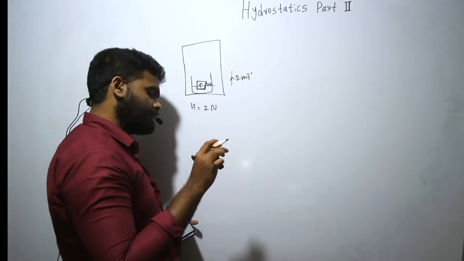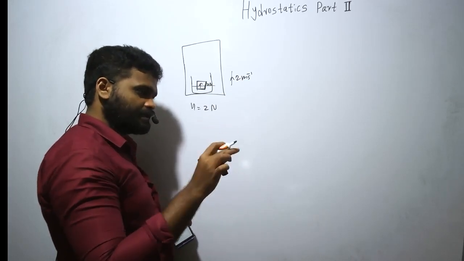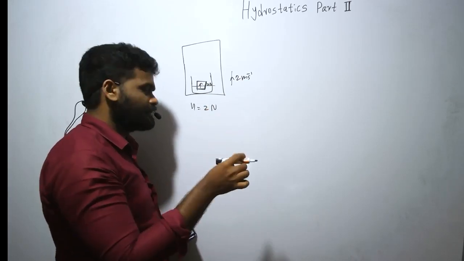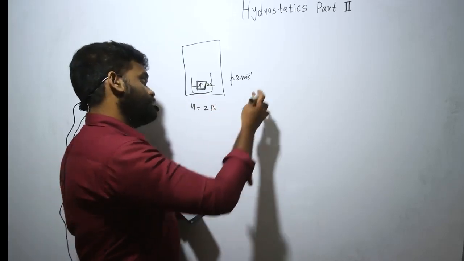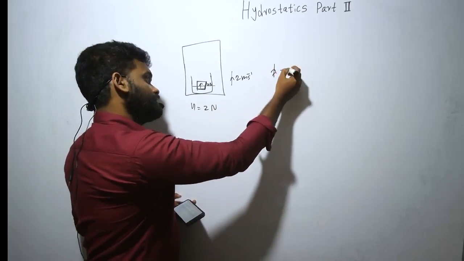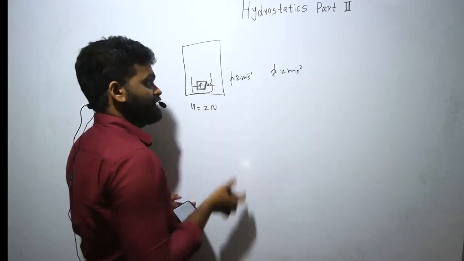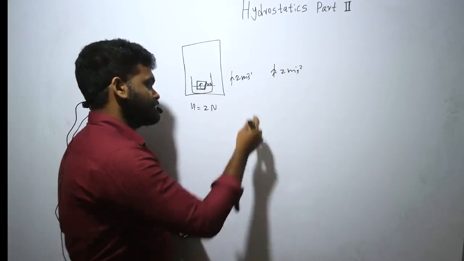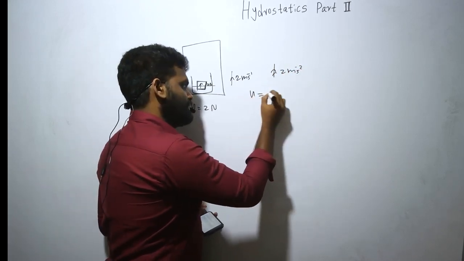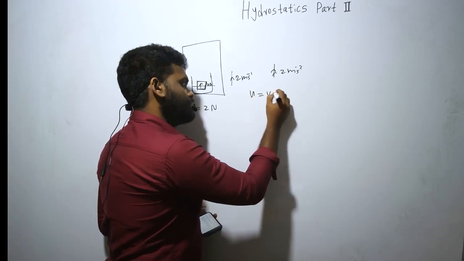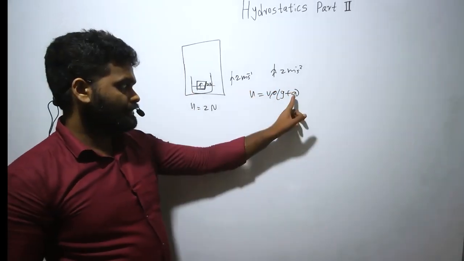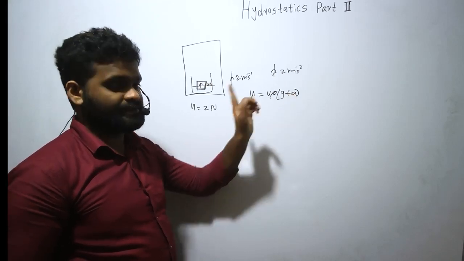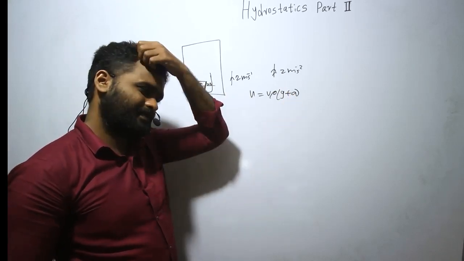So you know when you apply F equals ma, whether it is constant speed or at rest, you get the same force. But if you have an acceleration, in this case, the upthrust increases. There's an equation to get that, U equals V rho (g plus a), right? g plus a or g minus a.